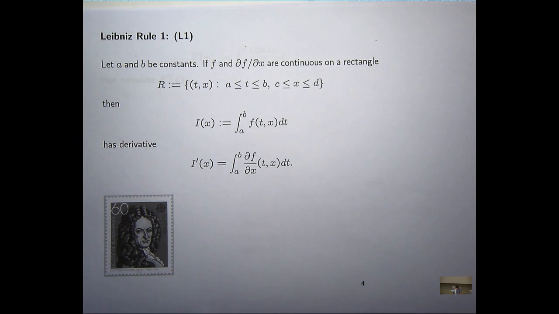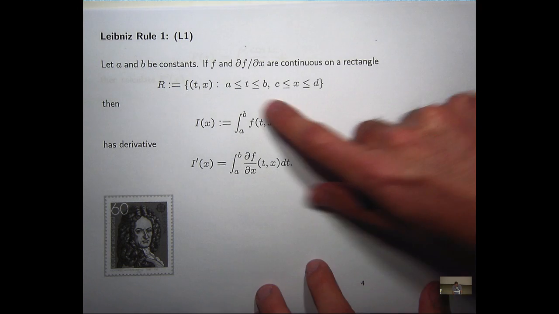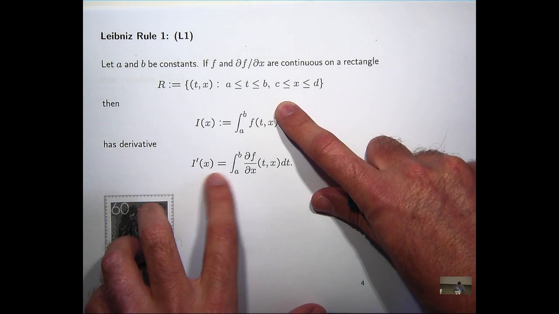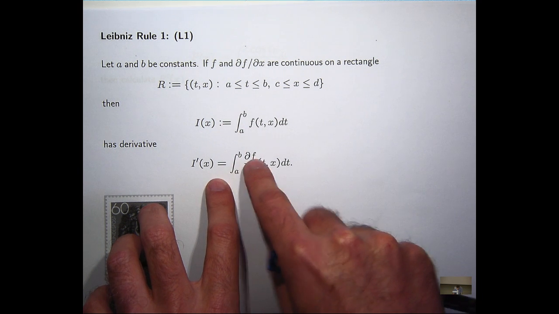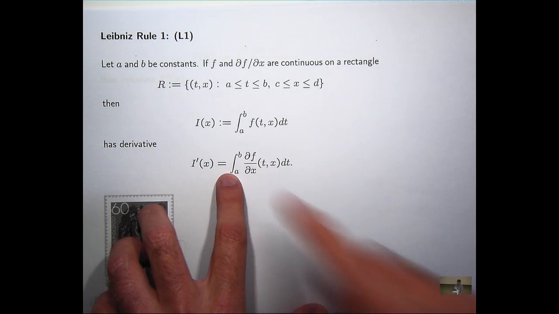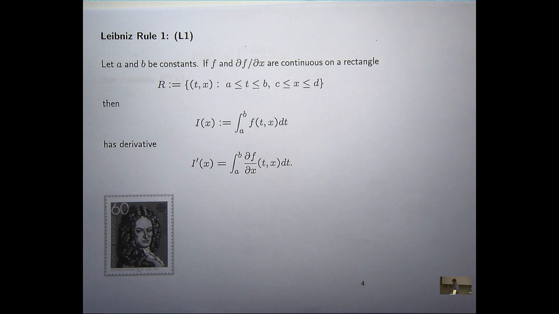if I have a function I defined by this integral here, then for the derivative, all I really do is push the d dx inside the integral sign and change the straight d's to curly d's.